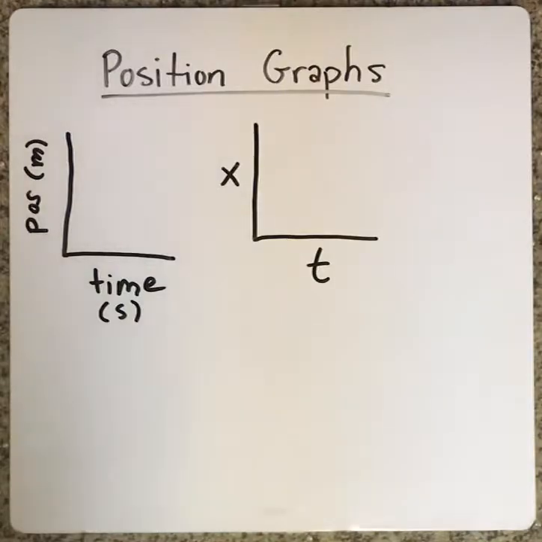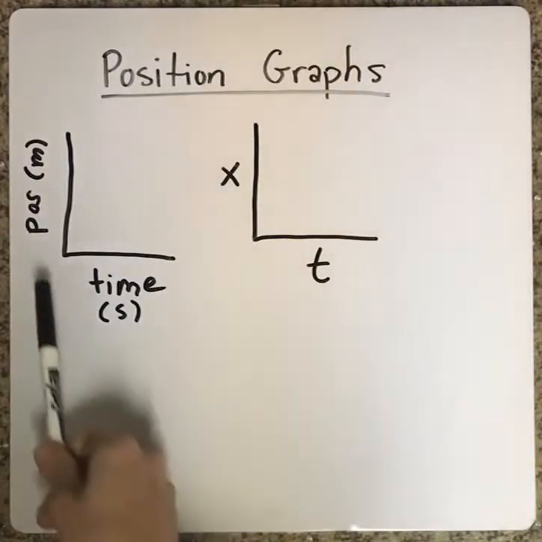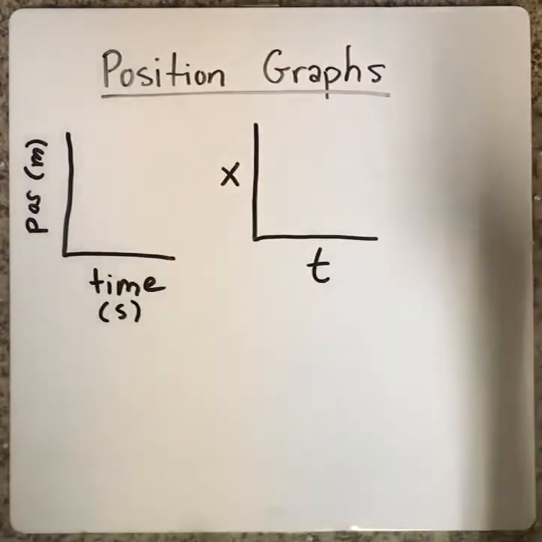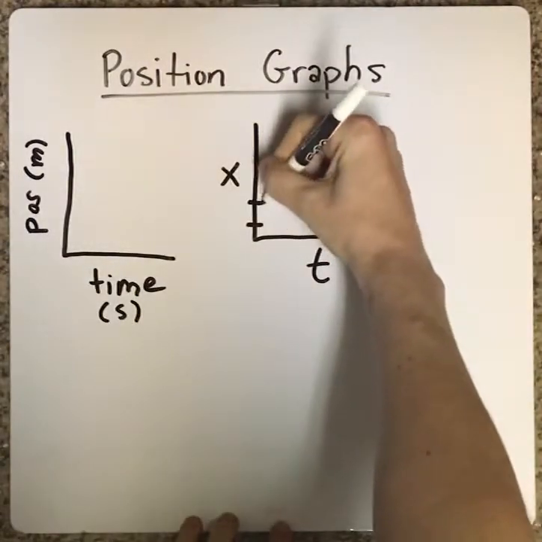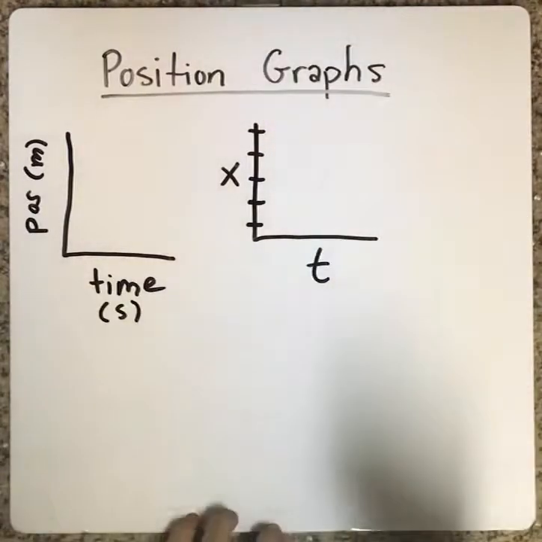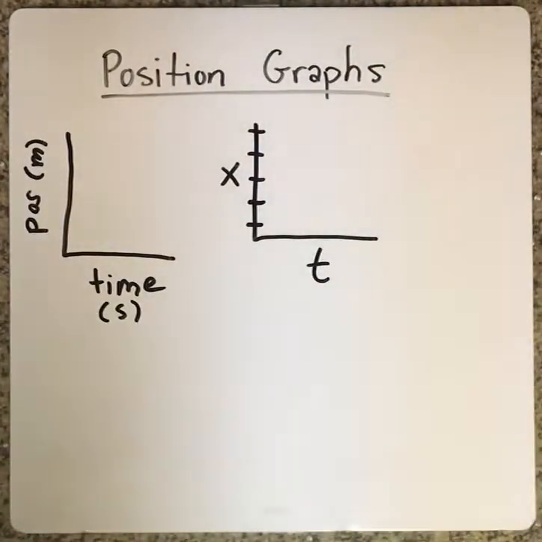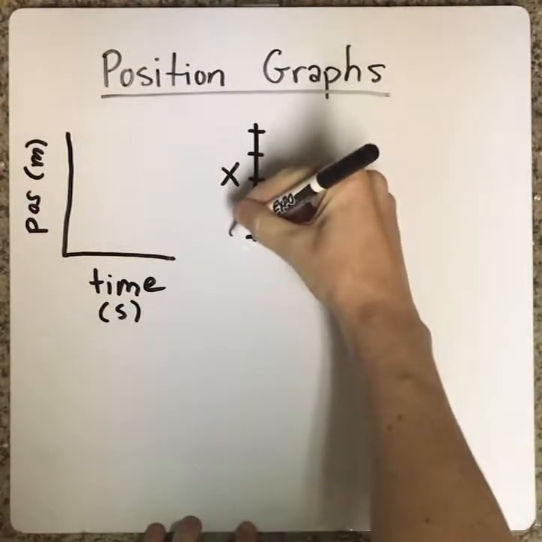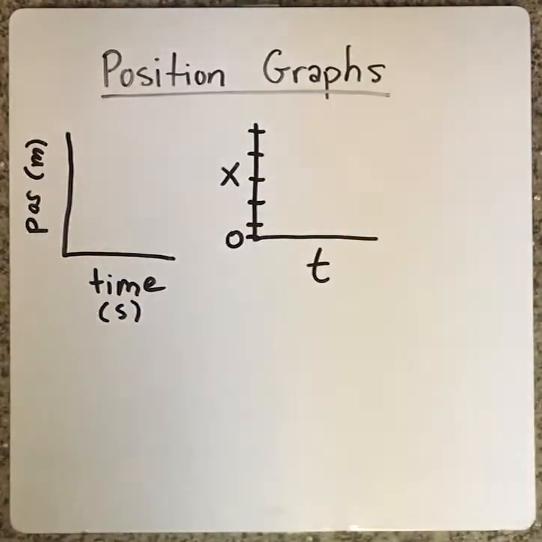So the first thing we need to talk about is position. Notice that position is on the side axis. So anywhere the object is along this axis is telling you how far away the object is from the reference. The bottom corner is given position 0.